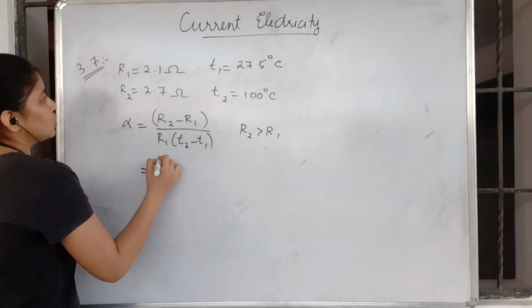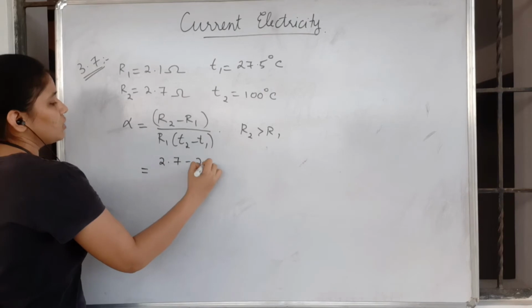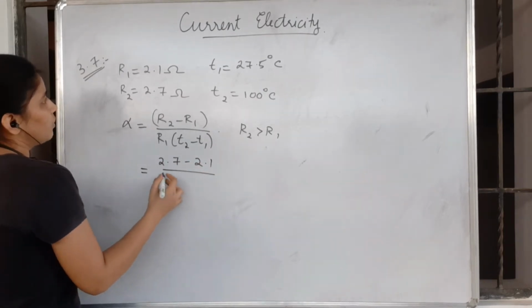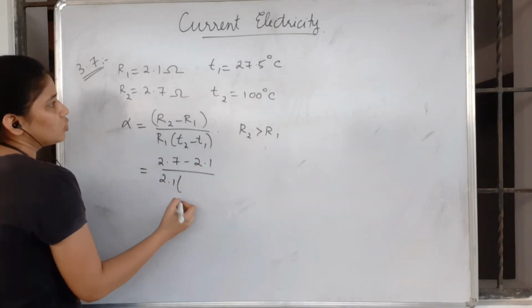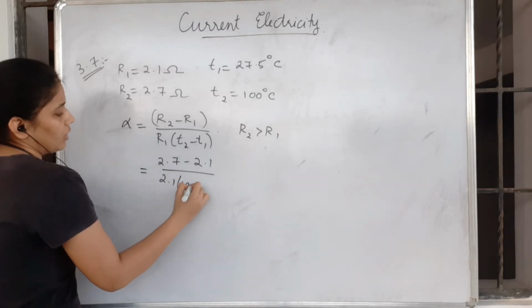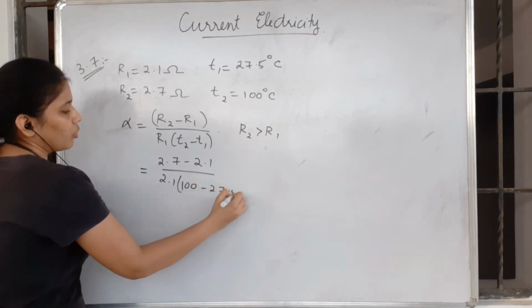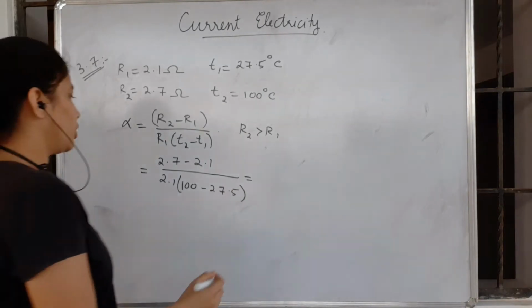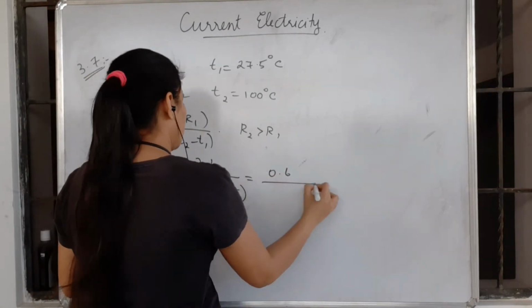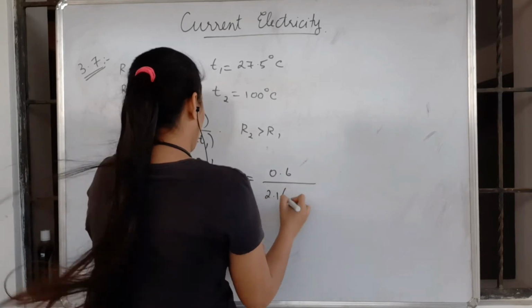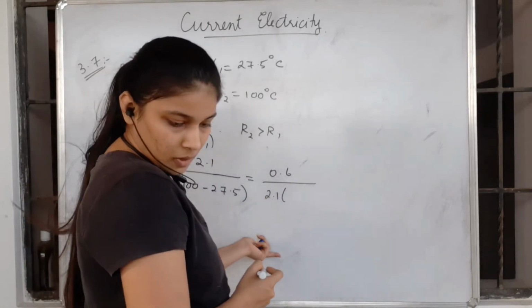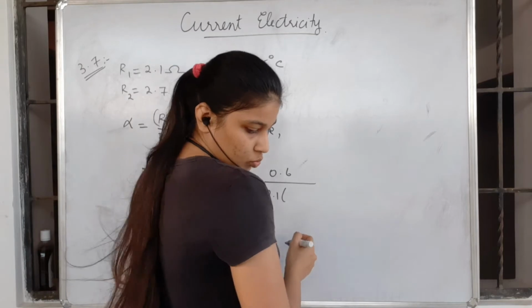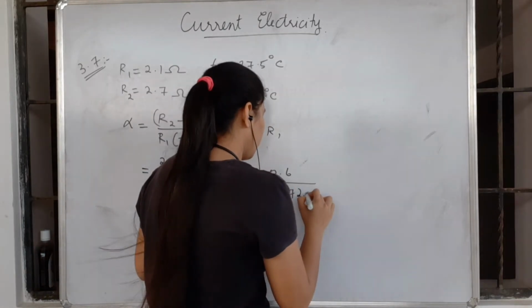So we can use this. You will be getting 2.7 minus 2.1 divided by R1, that is 2.1, into 100 minus 27.5. So that is equal to 0.6 divided by 2.1 into 72.5.